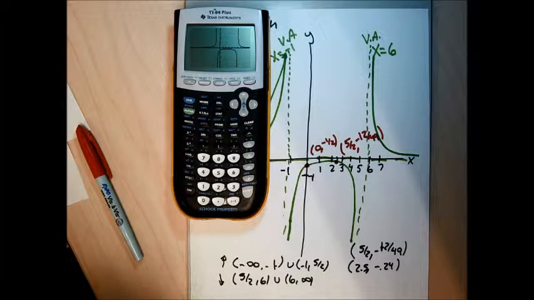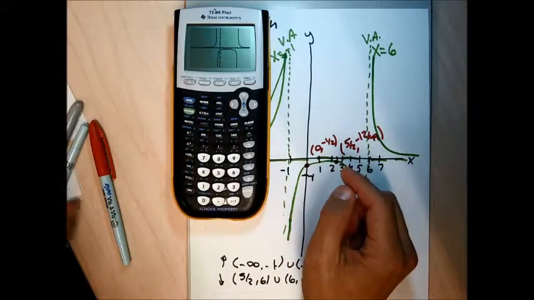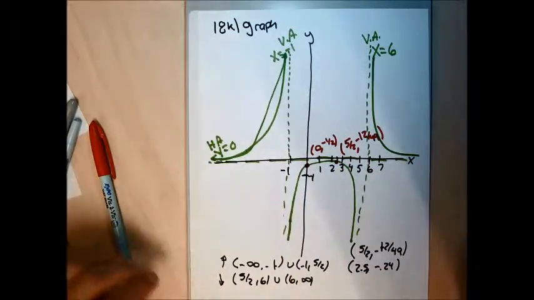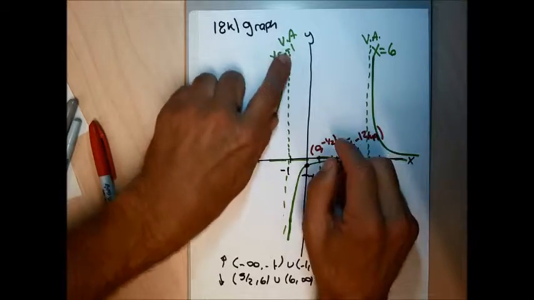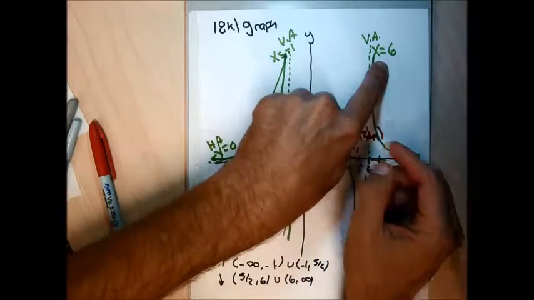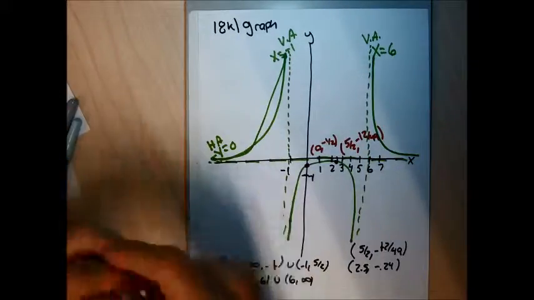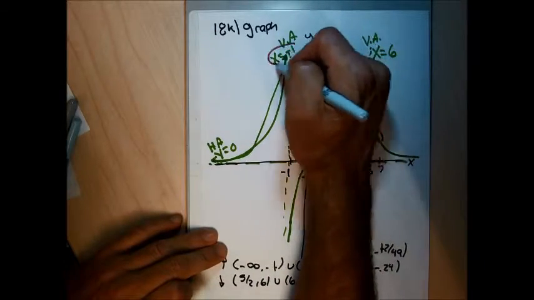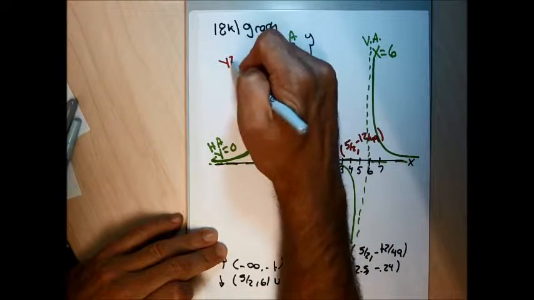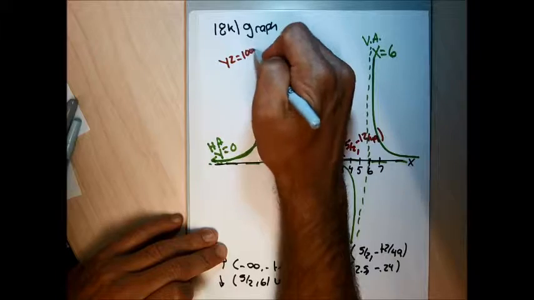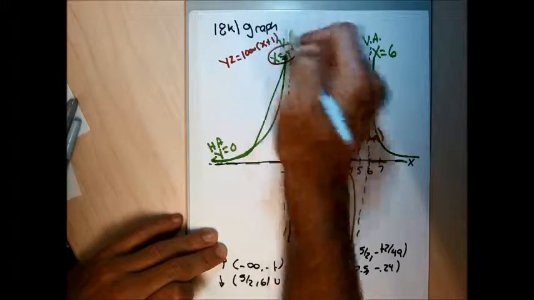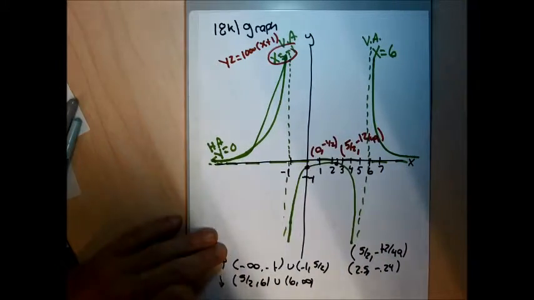If I want to get the vertical asymptotes drawn on my graph, it's a trick to do. My graph doesn't show the vertical asymptotes, and this vertical asymptote is x equal to -1. That's x equal to 6. On my calculator, if I entered y2 equals 1,000 times (x plus 1), I could get something that looks like a vertical asymptote.